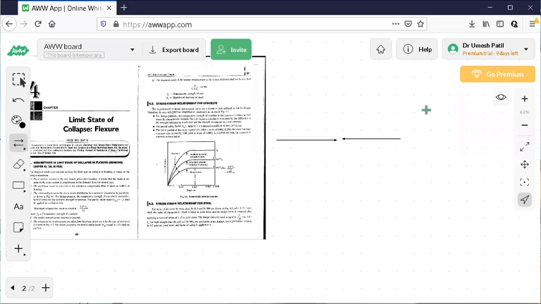In order to balance a vertical force, we need a vertical force. In order to balance a moment, for example, in order to balance an anti-clockwise moment, we need a clockwise moment.